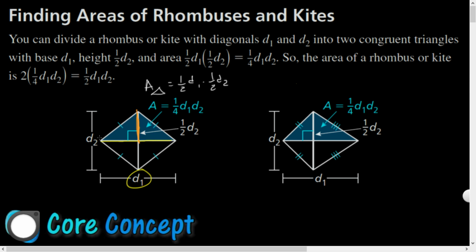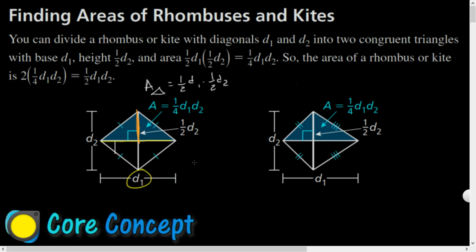So what would the area of the entire rhombus be? It would be twice this number, because do you guys believe these two triangles are congruent to each other? The reflexive property says that diagonal is congruent to itself. Side, side, side. Man, do you remember those days?